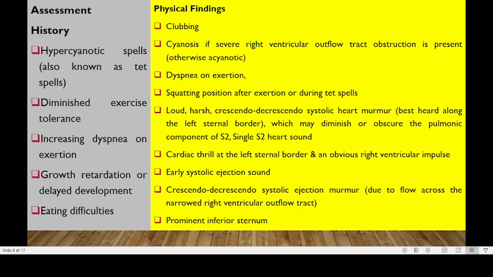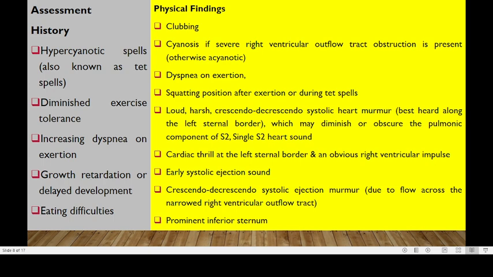We could also have a loud, harsh, crescendo-decrescendo systolic heart murmur, best heard along the left sternal border, which may diminish or obscure the pulmonic component of the S2. So that should also be noted.